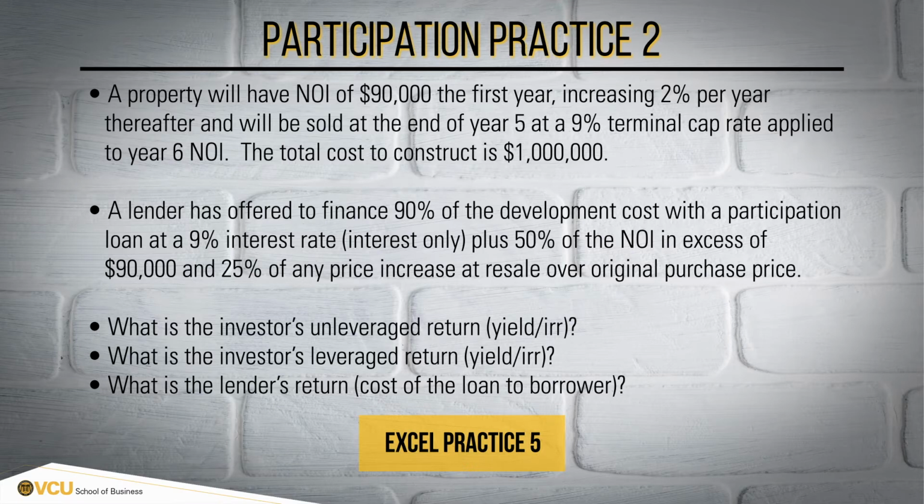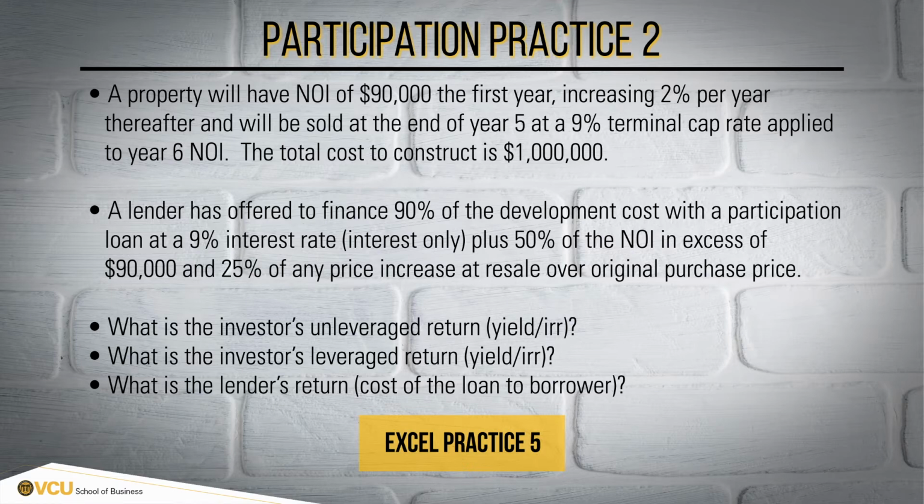This is a new construction project, and it's going to cost us $1 million to build it. The lender is offering a 90% development cost loan with a participation loan at 9% interest rate, interest only, plus 50% of the NOI in excess of 90. Okay, so let's think about that for a minute. So the interest rate's 9%.